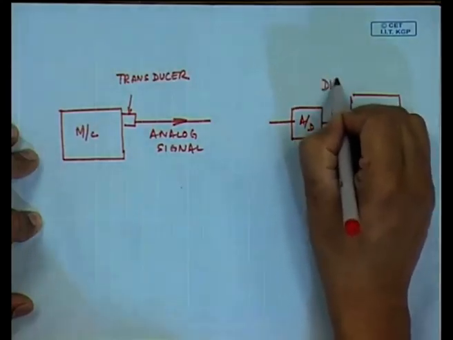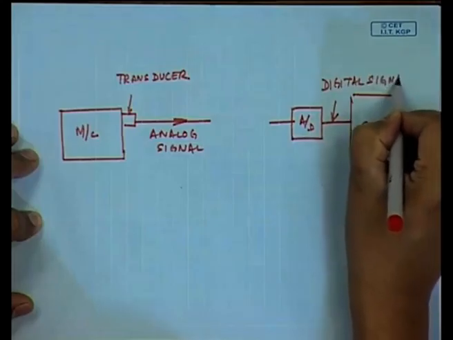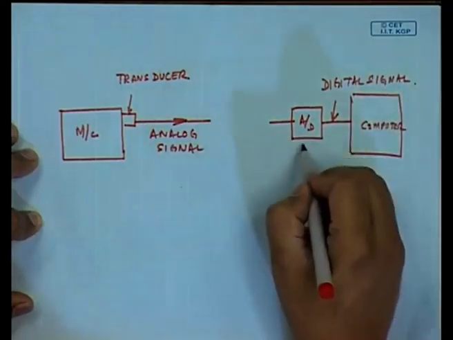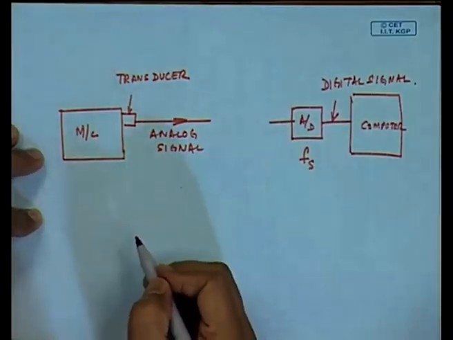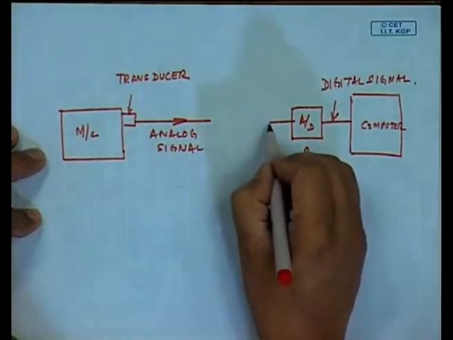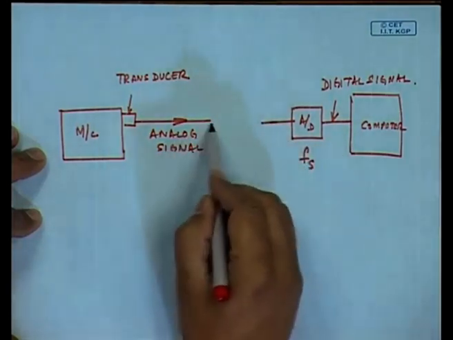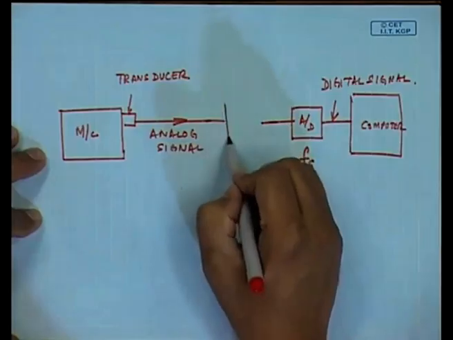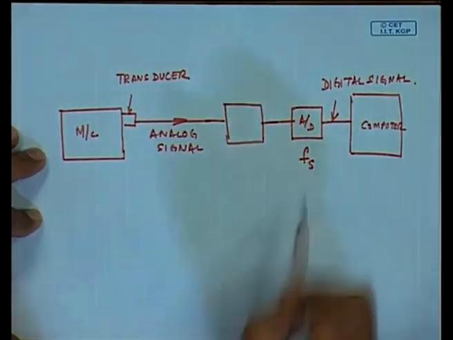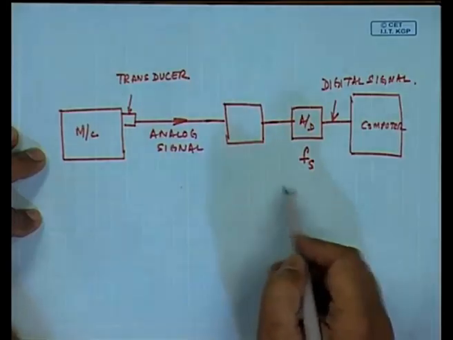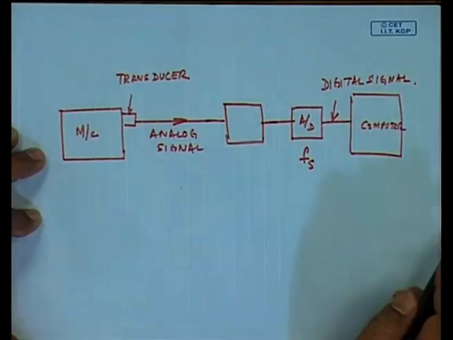This is my digital signal. Now, this A to D has a maximum sampling frequency of f s. So, how do I ensure that any signal which is coming on to the AD card or AD device is not going to have an aliasing problem?